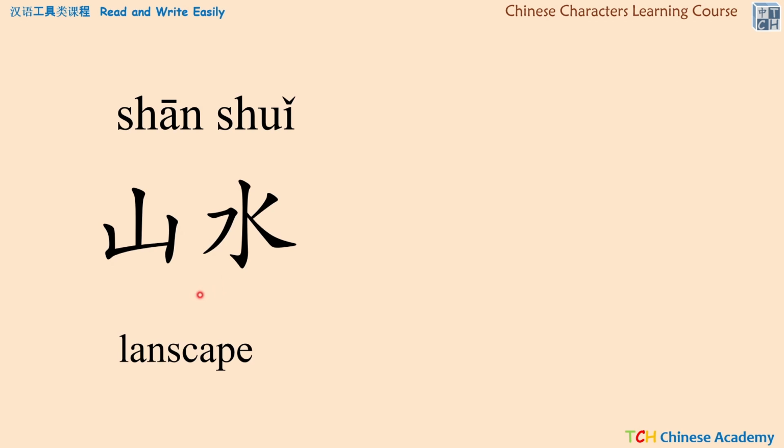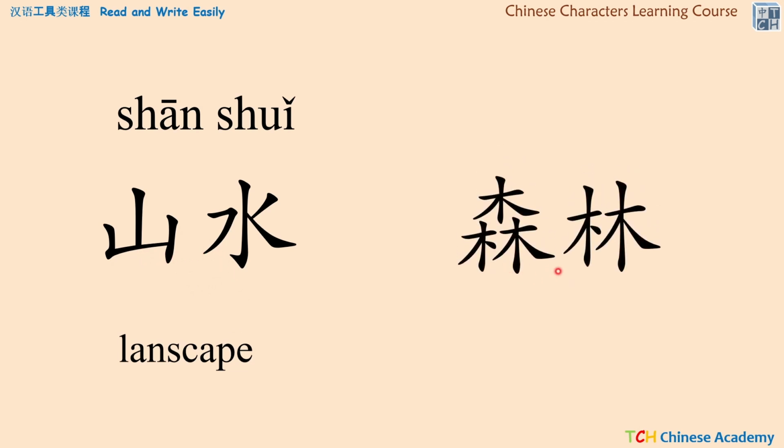It's called landscape painting. It uses water and ink. And if you go to a museum and see a Chinese painting, you will see most of them are about the mountains and the rivers and waters. It's kind of landscape painting. So 山水.